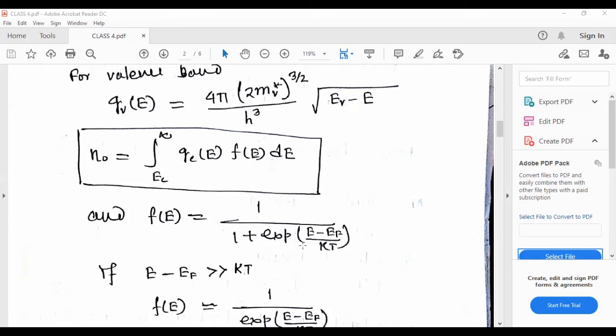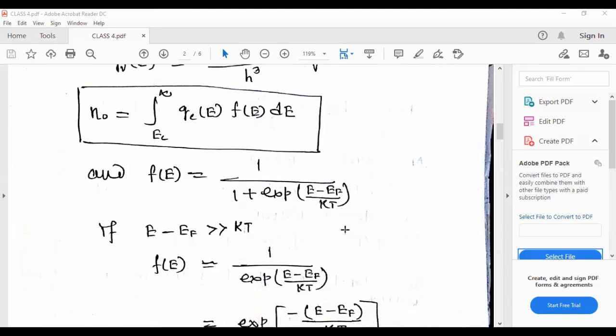So 1 plus some huge quantity, we can neglect the 1, because if you add 1 with 10,000, it is not a very higher value than 10,000. If you add 1 with 1, then it is effective. But if you add 1 with 10,000 or 1 lakh, you can neglect this 1, and it will not have much effect.